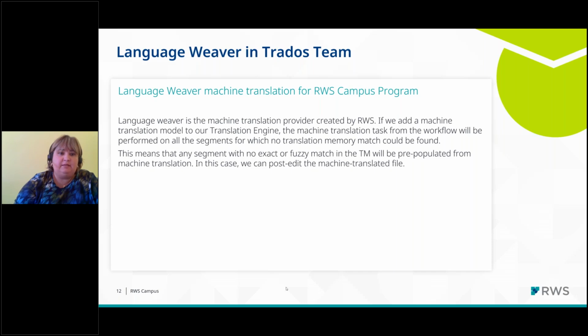This means that any segment with no exact or fuzzy match in the translation memory will be pre-populated from the machine translation. In this case, we can post-edit the machine translation file. Let's see how this works.